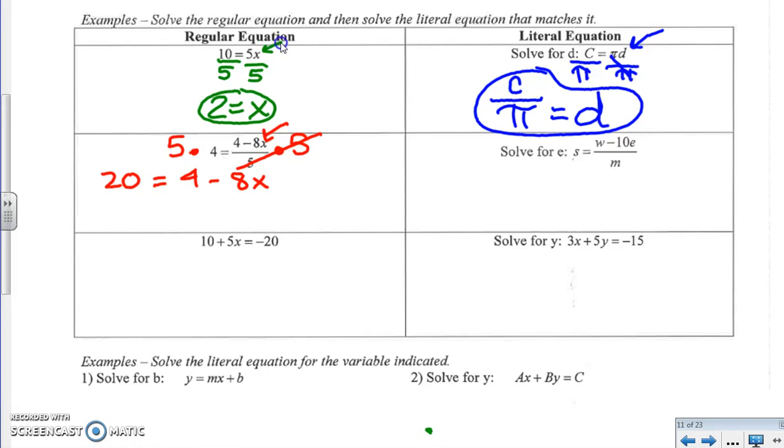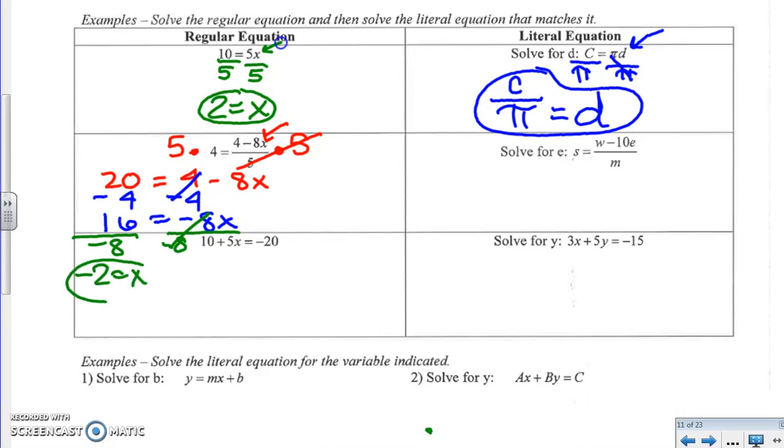To solve for the x, we would need to subtract 4 from both sides, giving us 16 equals negative 8x. Still needing to isolate the x, we would divide by negative 8 on both sides. So 16 divided by negative 8 is 2, and that is equal to the x.